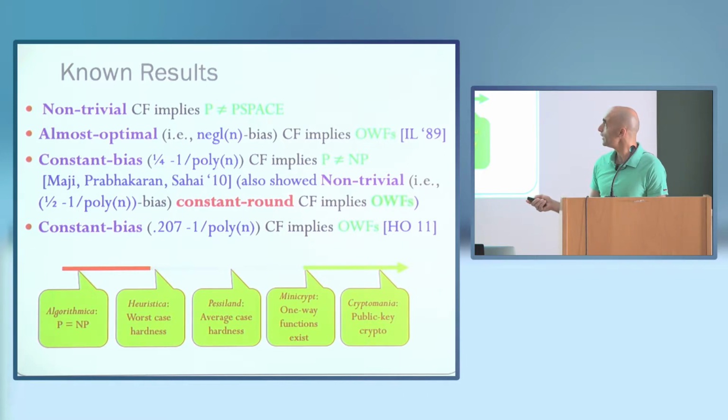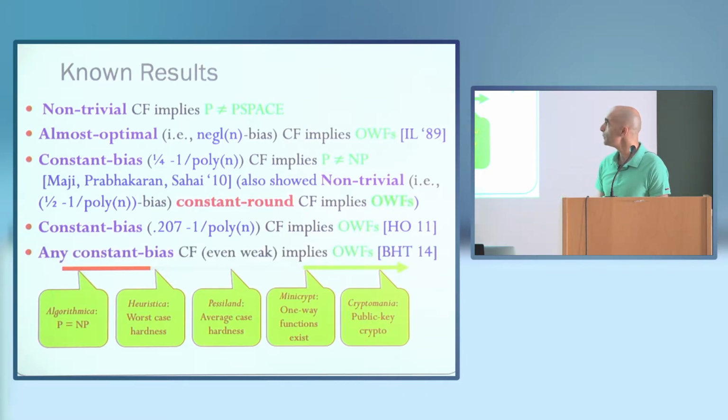Finally, 3 years later, Berman, Haitner, and Tentes went the full leg for all constants. So they show that for any constant, if you have constant bias coin flipping, then you have one-way functions, meaning that constant bias coin flipping is not a good candidate.